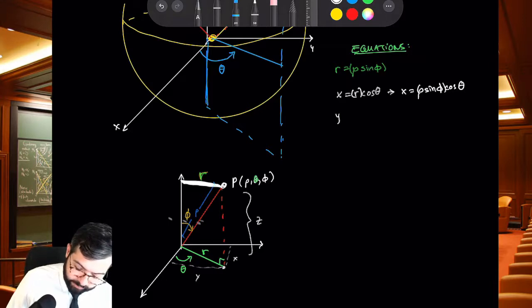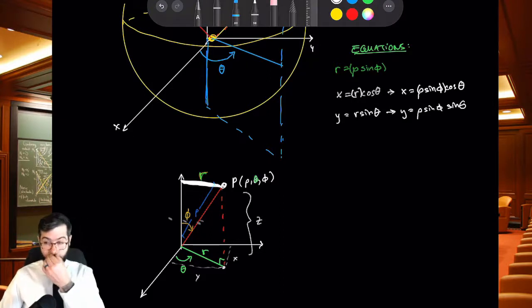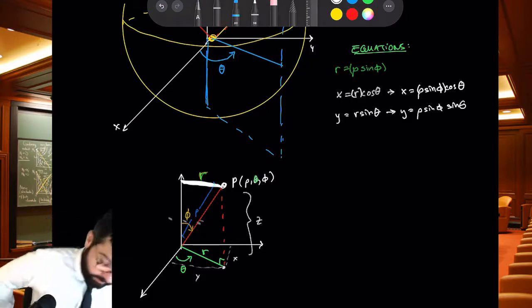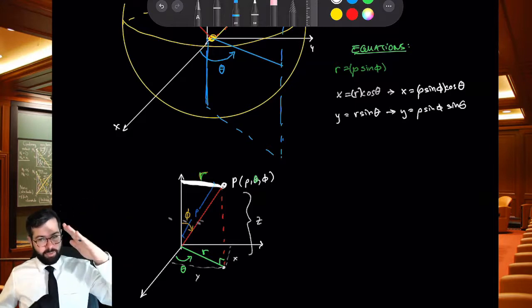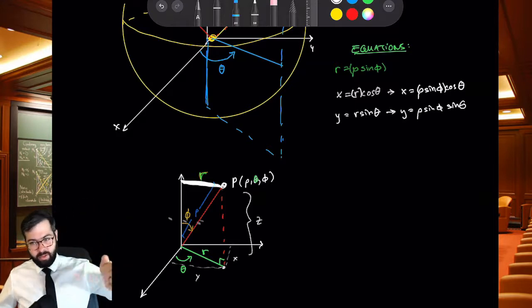And likewise, y is r sine theta, so y is really rho sine phi sine theta. Okay, so sine of the angle dropping down and sine of the angle turning around.